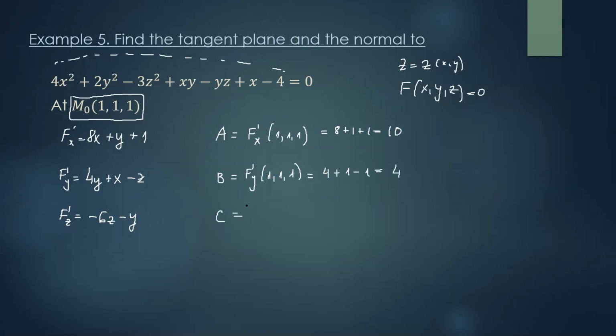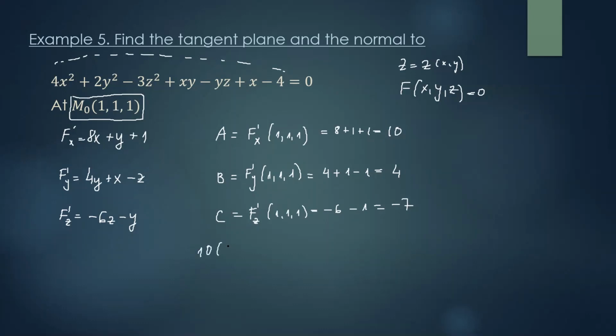And the coefficient C, f derivative at z, 1, 1, 1 is minus 6 minus 1 is minus 7. So now we can write down the equations for the tangent plane and for the normal. All we have to do is write them down because we have done all the work. We have found the derivatives. We have evaluated those derivatives at the point of interest. Now all we have to do is simply put down the answer.